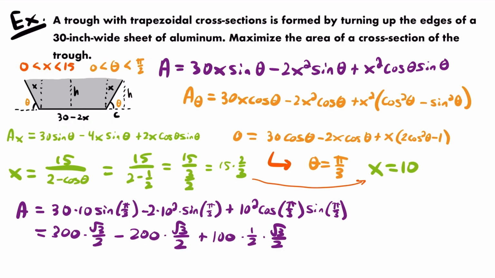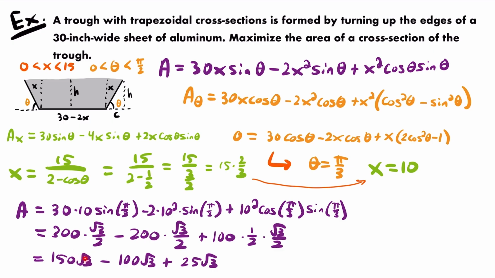And so simplifying further, 300 divided by 2 is 150. So we have 150 square roots of 3 minus 200 divided by 2 is 100. So minus 100 square roots of 3 plus 100 times 1/2 is 50, divided by 2 again will give you 25. So we have 25 square roots of 3.